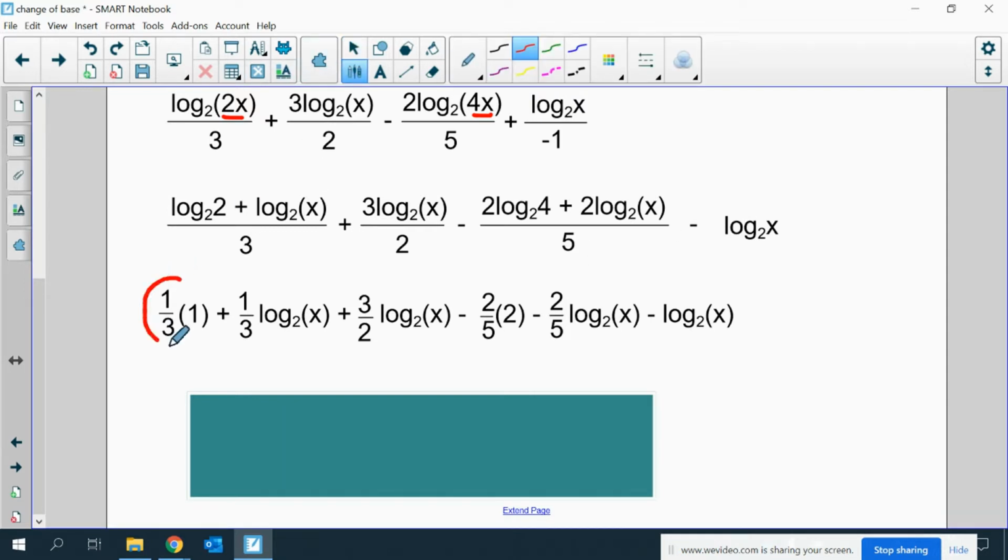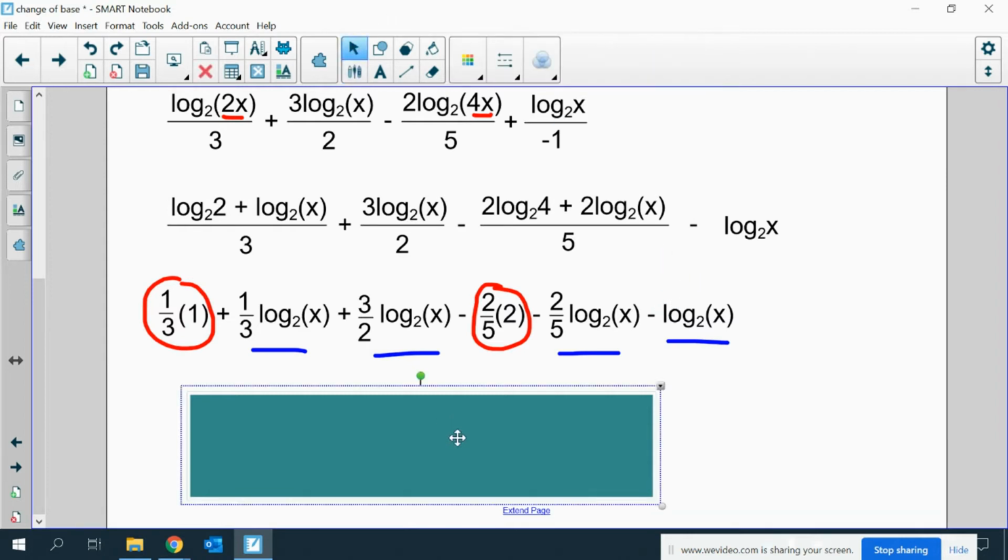So I have two numbers that are just numbers. So I have 1/3 minus 4/5. And then I have these other log base 2 of x's, which I can just add those coefficients. So 1/3 plus 3/2 minus 2/5 minus 1.